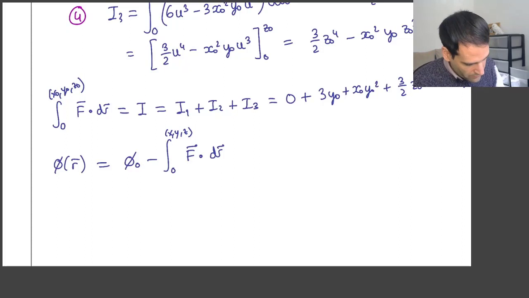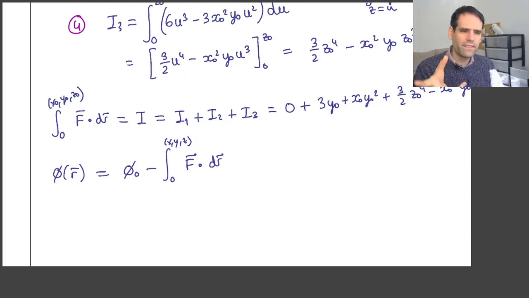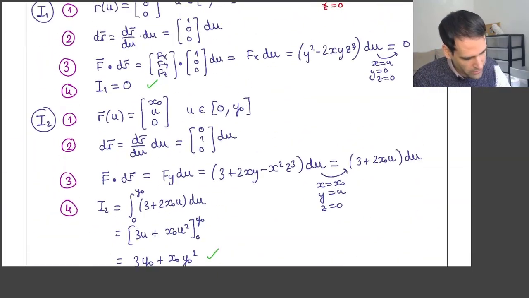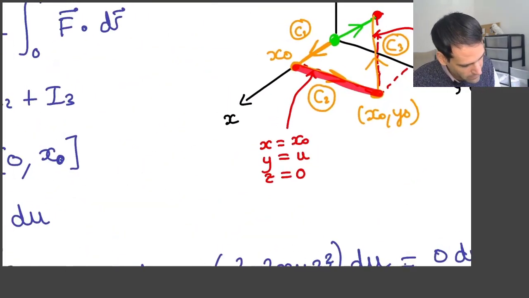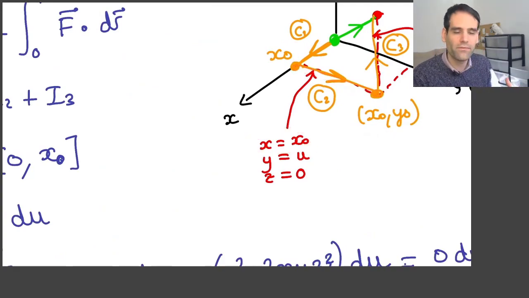Okay? The only reason I did this intermediate notation of using x0, y0, and z0 for doing the three integrals is that I wanted to make sure that it was clear to you that, for example, during this integration, x is equal to x0 is a constant. It's not a variable, okay?